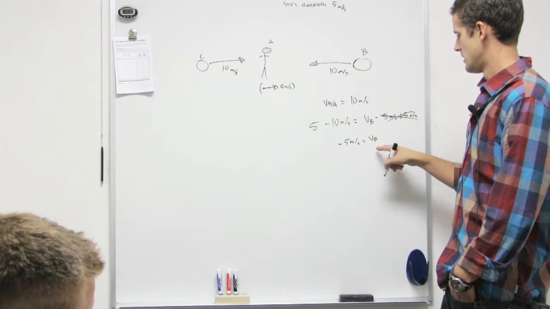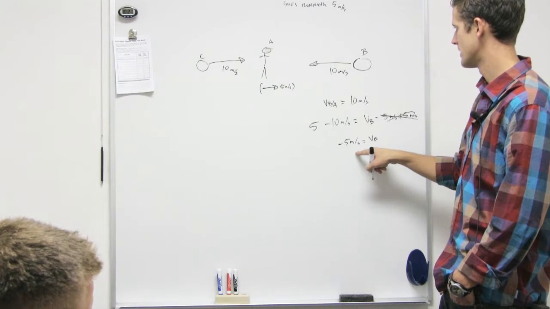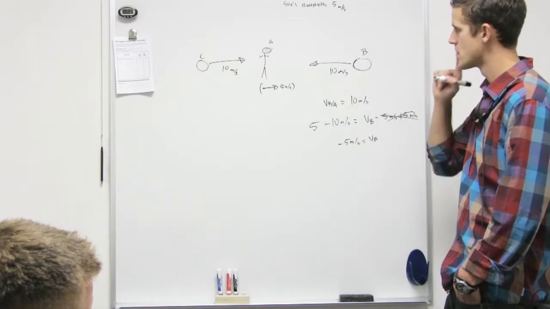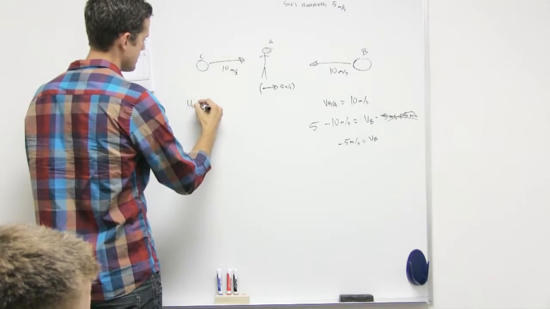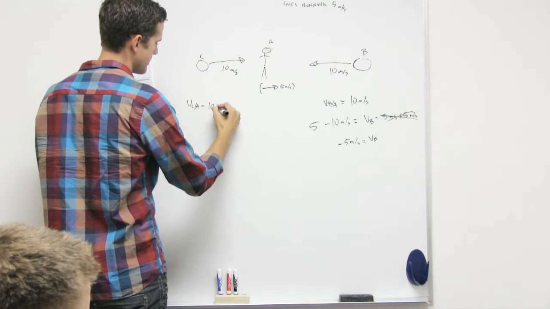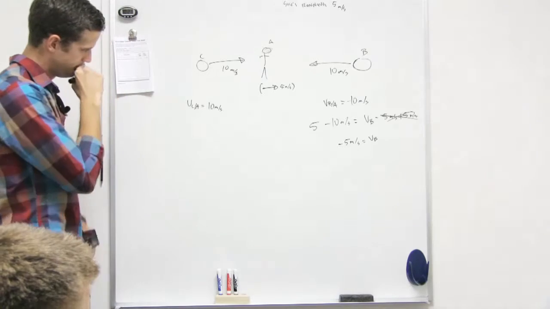Negative 5. Yeah, so this one's moving at negative 5 meters per second. That's how fast it was thrown. And then this one, velocity of C with respect to A equals 10 meters per second. Positive.